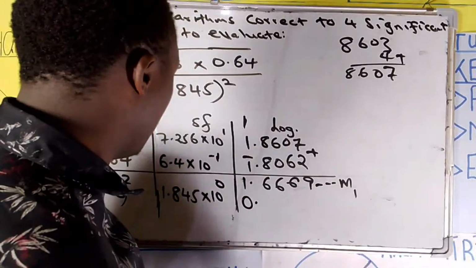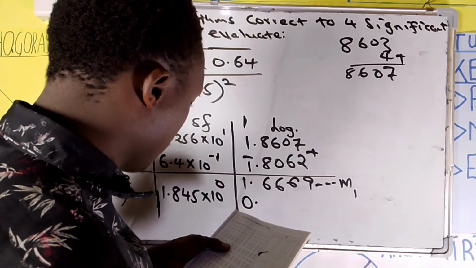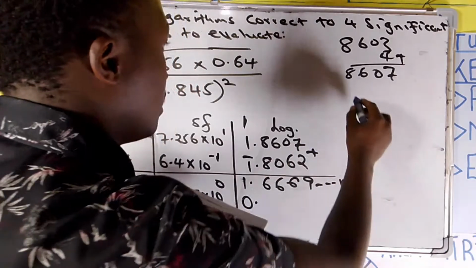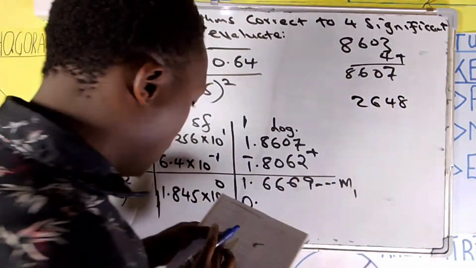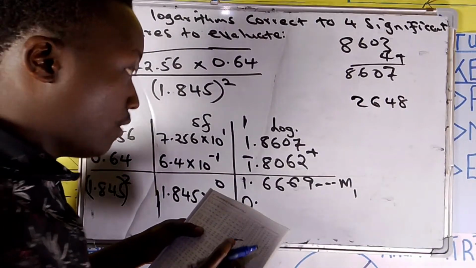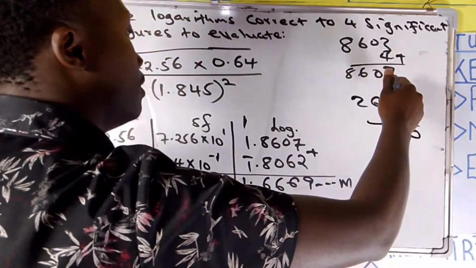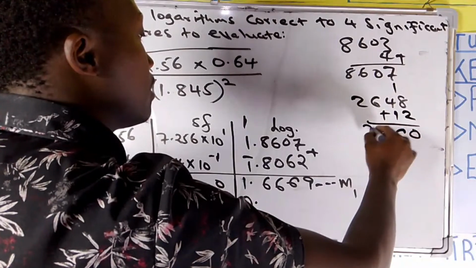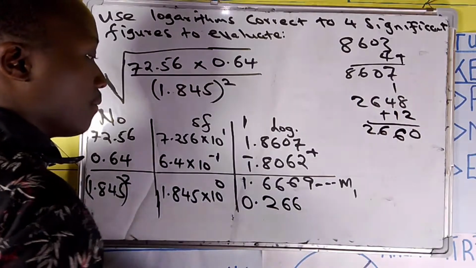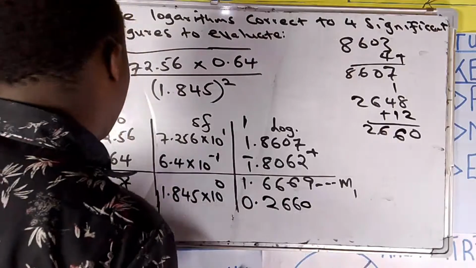Back to the logarithm table, 1.84 is 2648. For 1.84, then 5 at the end, we will add 12, 0 carry 1, so it will be 2, 6, 6. That is the number. Let's also put that 0.